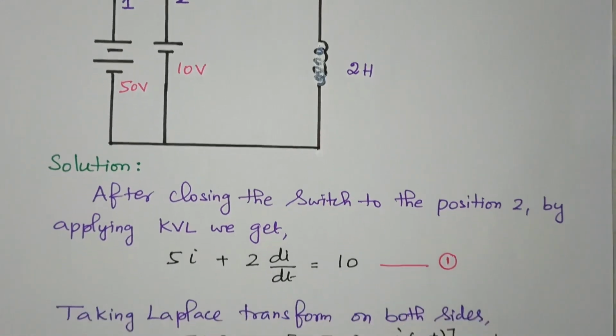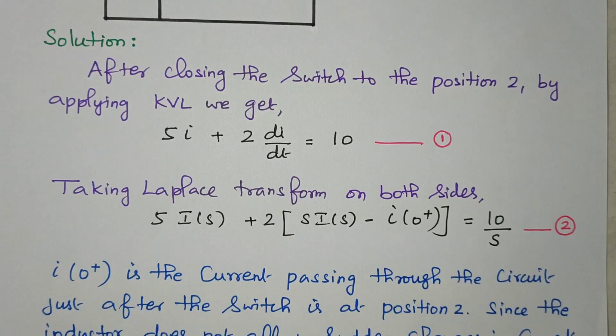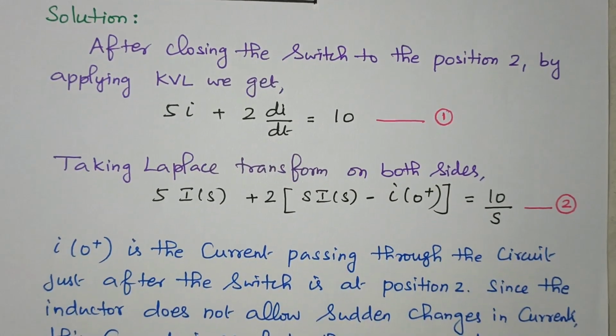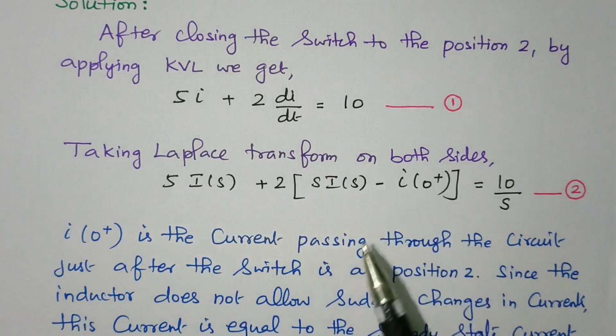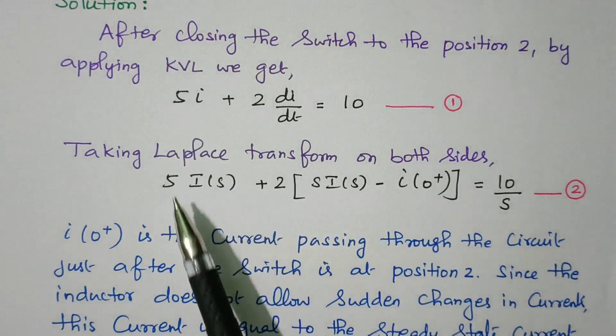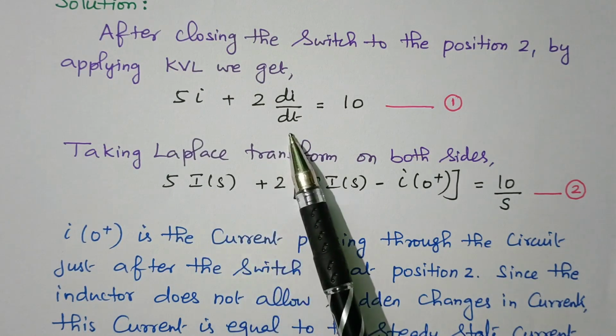Now we can take the Laplace transformation on both sides in order to convert the t domain into s domain. So taking Laplace transform on both sides, 5i is nothing but 5 I of s, plus 2 into di by dt.